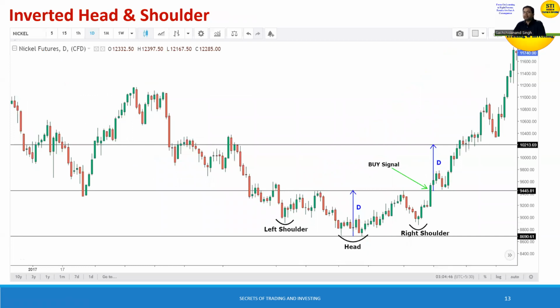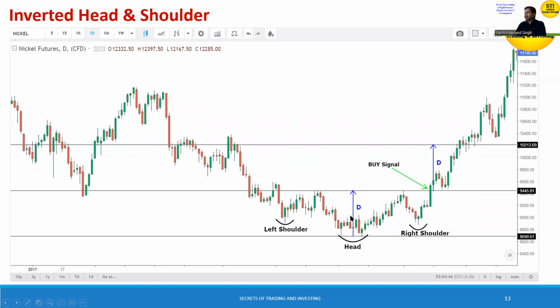So the first bullish reversal chart pattern is called inverted head and shoulder. Yesterday we learned head and shoulder, and this chart pattern is just the opposite of that. This normally occurs at the bottom of a chart.